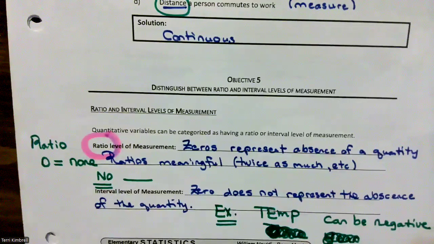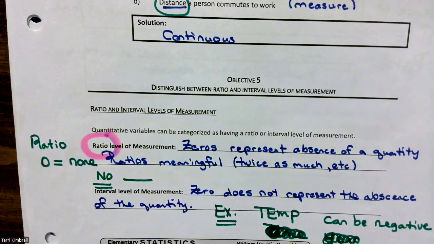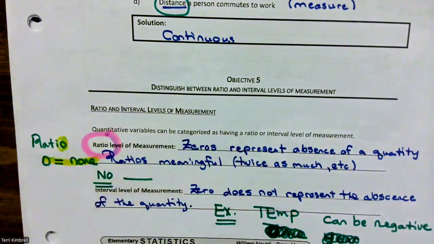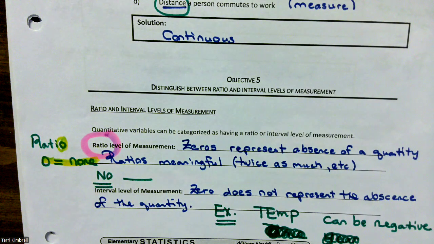So as you look at objective 5, distinguishing between ratio and interval, ratio deals with zeros that represent the absence of a quantity. 0 actually means none. Also with ratios, you can think of that as fractions. Someone can have twice as much as someone else. Someone could have a fourth as much.